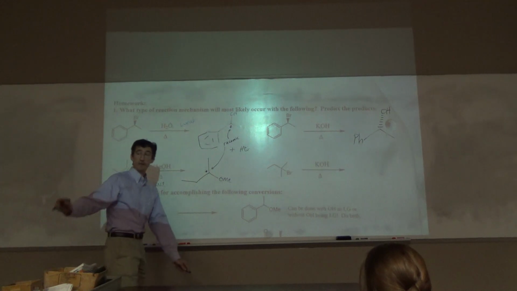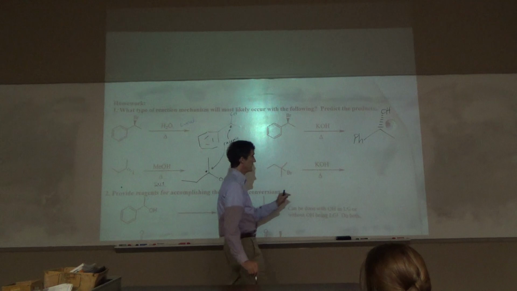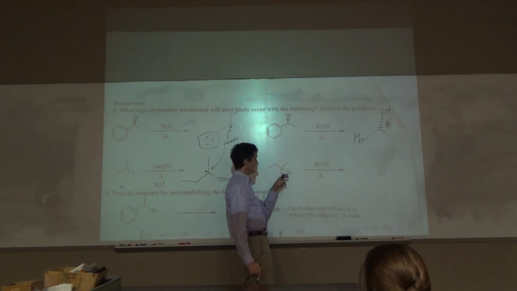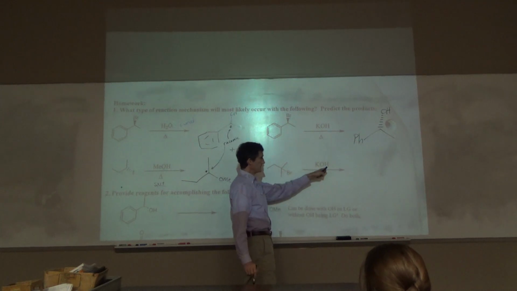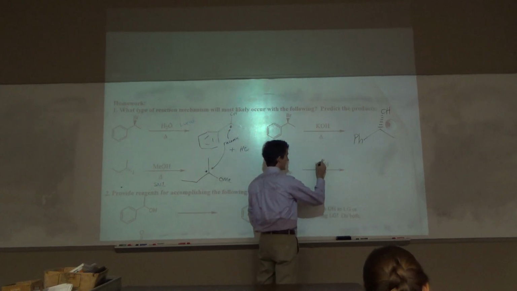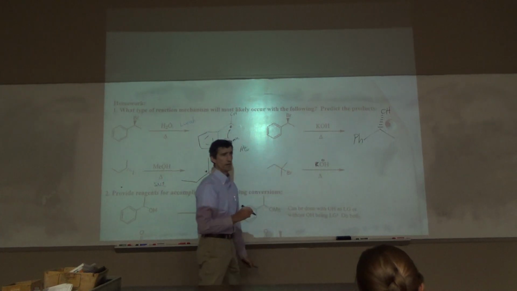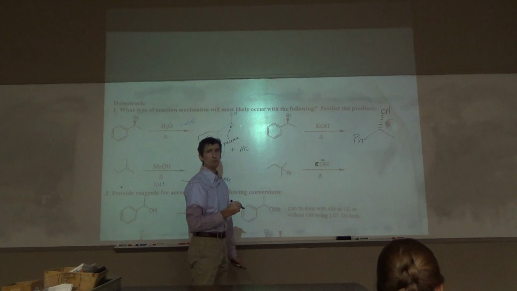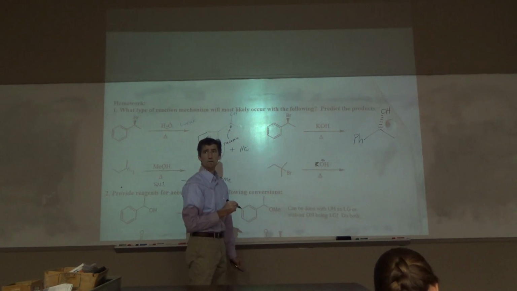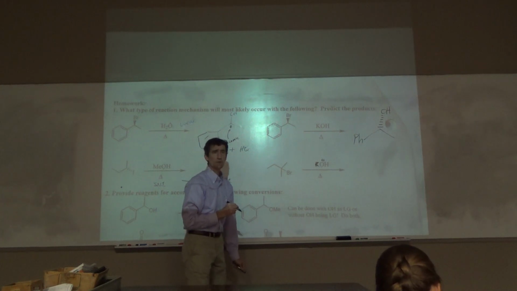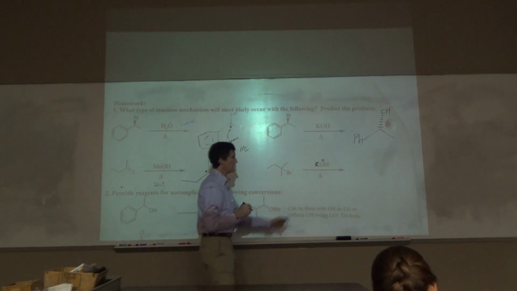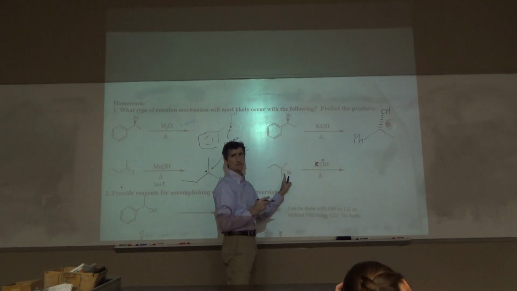Somebody said SN1. This is a substrate with a leaving group, so this has got to be the nucleophile, right? Is that strong or weak? Strong. Do we do SN1 with strong? No. Strong or bully? This is not going to wait for this to ionize. Ionization does take a little time.